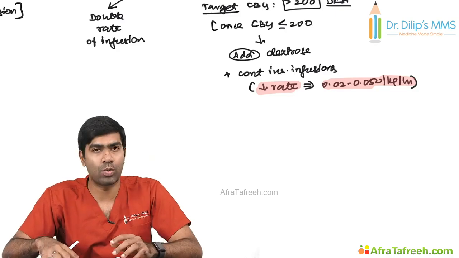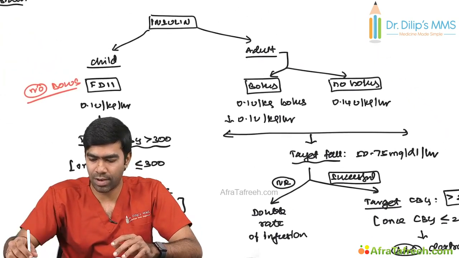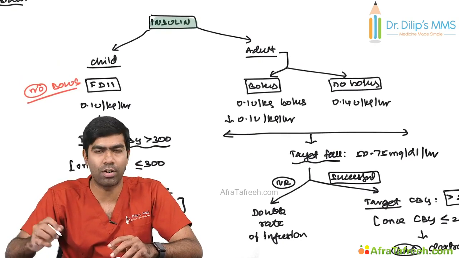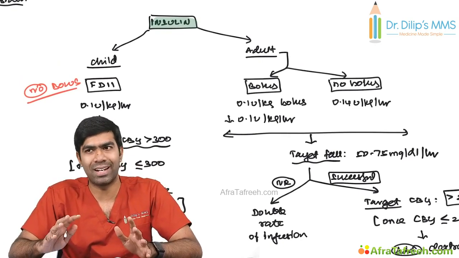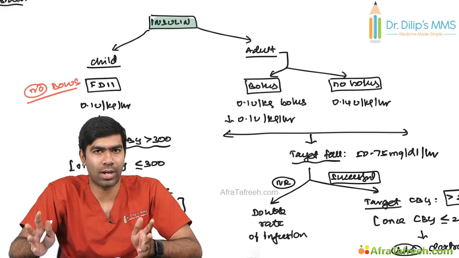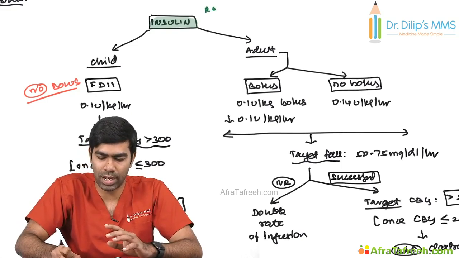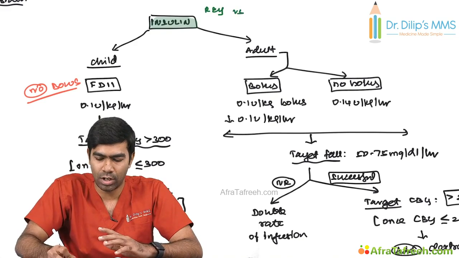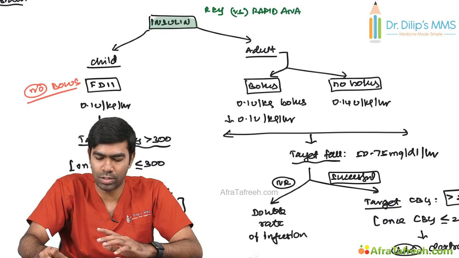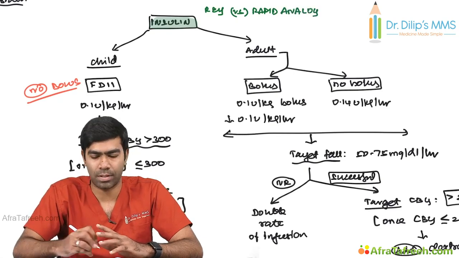Another very important question that I've been commonly asked is what kind of insulin you have to prefer. Obviously in emergency scenarios, I'm not going to use a long-acting insulin. I'm going to use either a regular insulin or a rapid-acting analog like Lispro, Glulisine or Aspart.